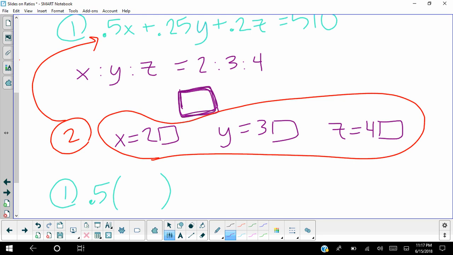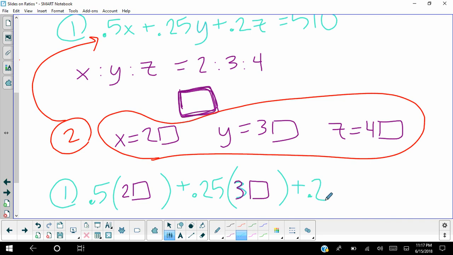But I'm going to replace the x with 2 times the box, plus 0.25, and now I'm going to replace the y with 3 times the box. And then I'm going to replace 0.2, and instead of the z, I'm going to say that's 4 times the box. And that is all equal to 510.